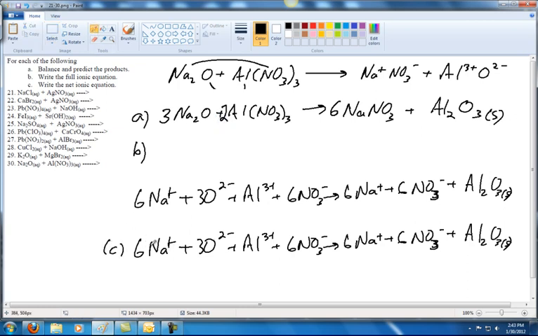And for part C, you can see that the 6 Na pluses will cancel, the 6 NO3 minuses will cancel, and what we'll be left with is 3 O2 minus plus, whoops, that should have been 2 Al3 plus, I'm sorry about that, 2 Al3 plus gives Al2O3 solid. Alright, so that would be the final equation for the net ionic equation for number 30.